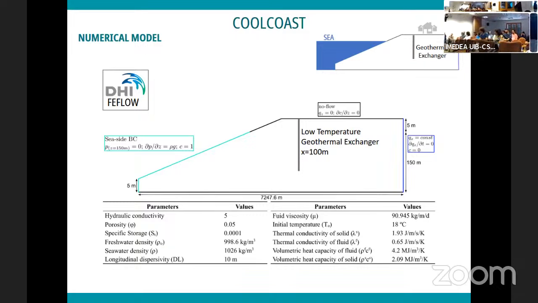I do understand the general issue here, but about the numbers, how comparable is this effect on the flux compared with variations in the aquifer?